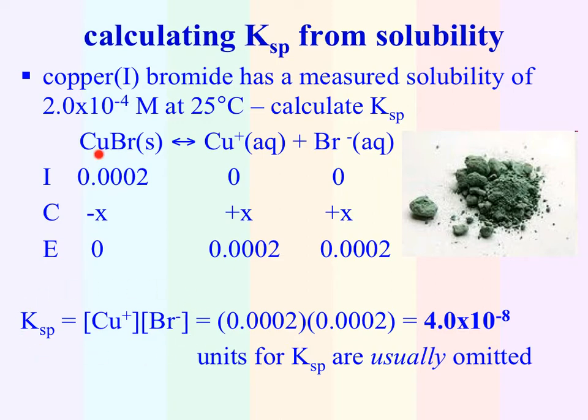Once again, we leave out the solid because solids don't get included in equilibrium expressions. We plug in our concentration values of copper +1 and bromide ion, multiply them together, and we get the following value for our Ksp. And just like other equilibrium constants, the units are usually going to be omitted, so we haven't included them there.